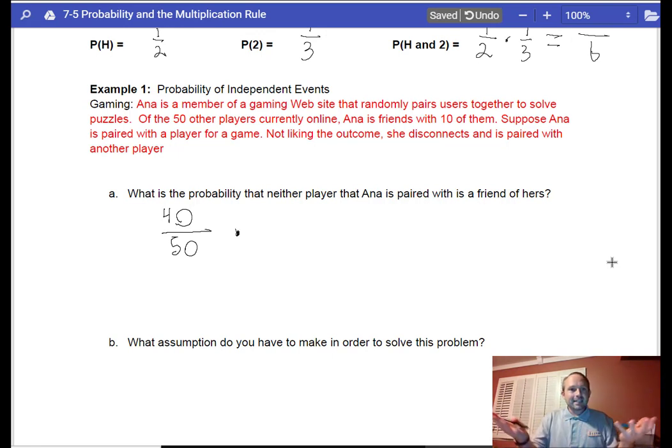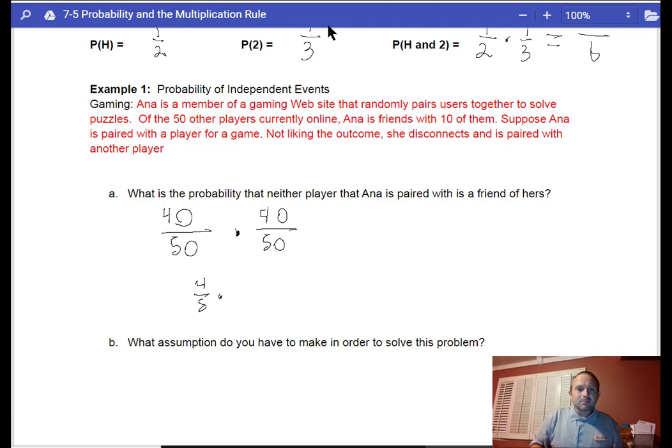Well, she just disconnected from somebody else who's probably going to re-up again. And so the probability would be 40/50 again. And so we're going to multiply this, and we can cancel this out. This would be 4/5 times 4/5, dividing by 10 on the top and the bottom. And that would give us 16/25.